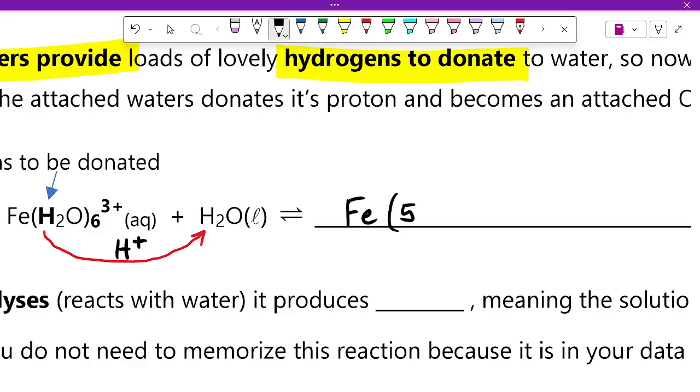We write H2O5. And what's left over from that 6th water after we remove the hydrogen? OH. And we went from having 3+, but we took away a plus. So what's the charge? 2+. And the state is still aqueous.